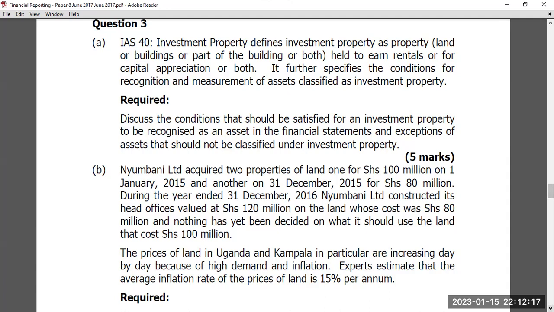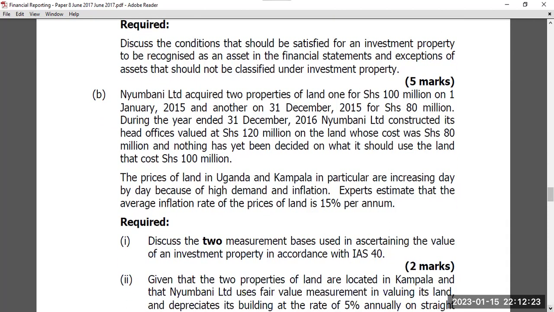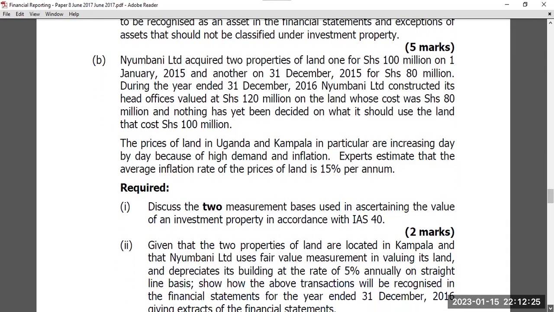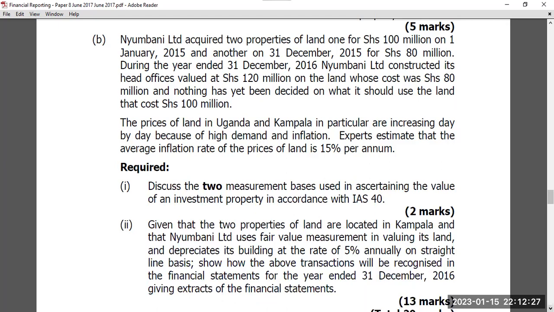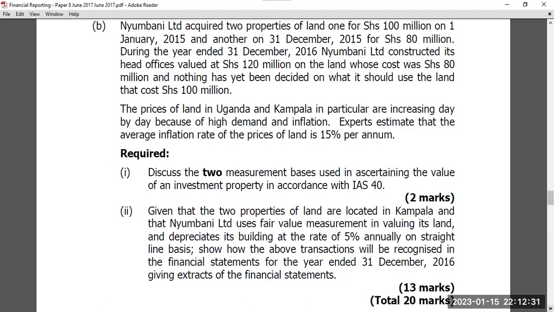Then question 3B, part B, is the one I'm interested in, because it has some computations, and that's what we are going to be looking at today.